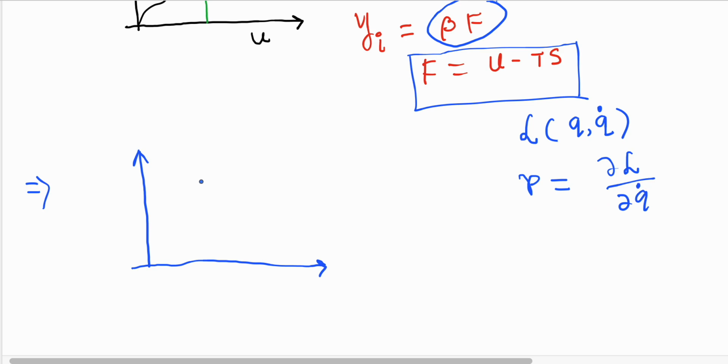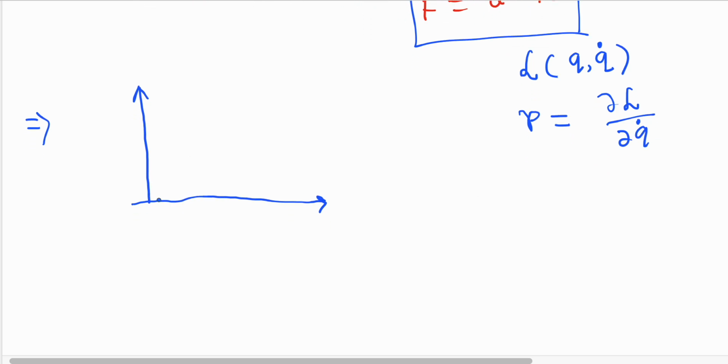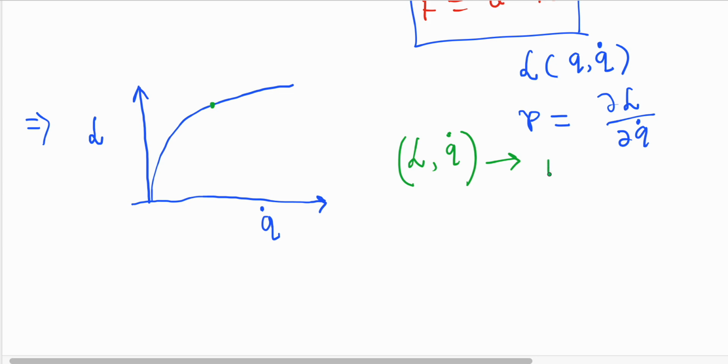Okay, now if we draw a Lagrangian versus q dot curve, suppose it looks like this. Now the normal description is, we will mention L and q dot at every point.